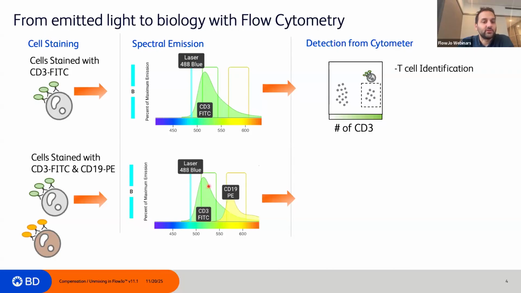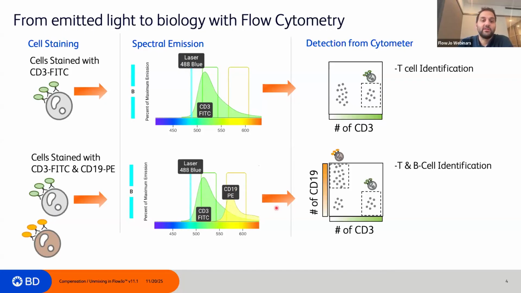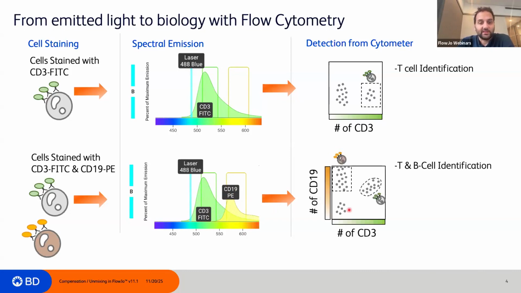It spills into the detector that is used to detect CD19. And that's the problem we're dealing with in flow cytometry. So now, instead of the ideal analysis that we should be able to do to identify CD19 and CD3 positive T cells or B cells, we're seeing something like that in reality.